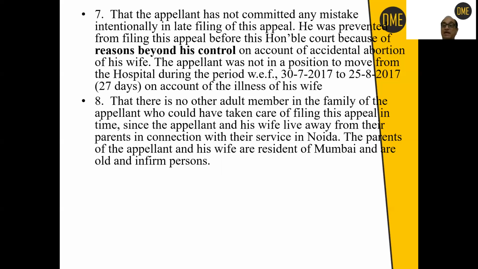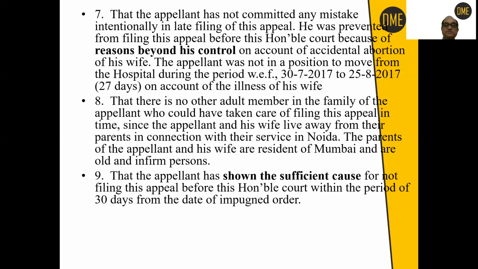Because the court might ask this question from the appellant that, well, if you were busy with your wife in the Fortis hospital, your father, your brother, or any other adult member could have approached the counsel and the counsel could have filed the appeal. But he says, no, there is no other adult member. Their parents are living in Mumbai and they are also old and infirm persons.